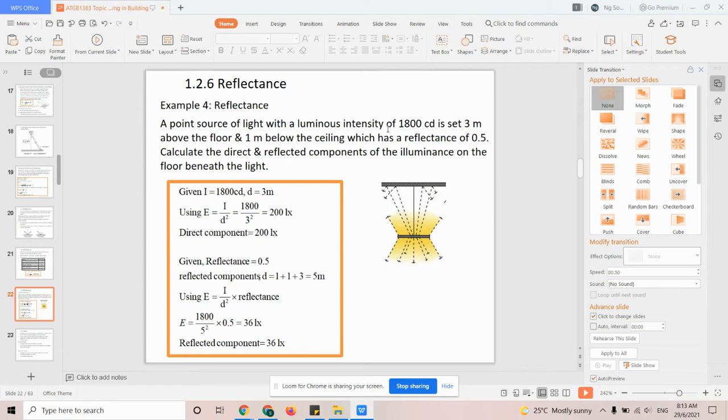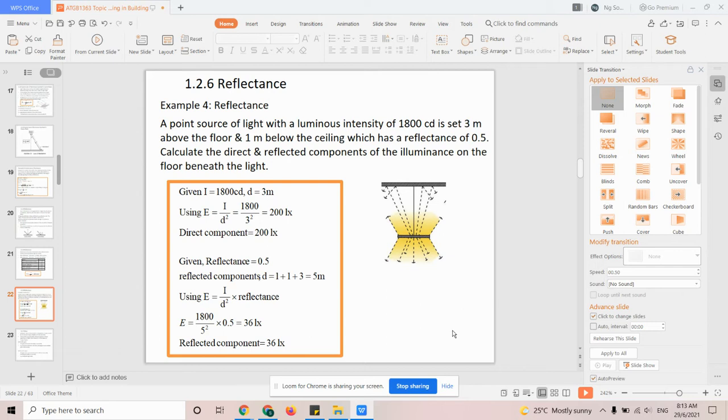You are given the value 1008 candela, and the scenario where this source of light is set 3 meters away from your floor, but also 1 meter below the ceiling. So from your point source of light to the ceiling is a 1 meter distance, and from your source of light to the floor is 3 meters.